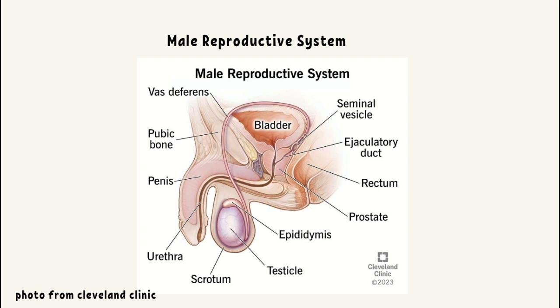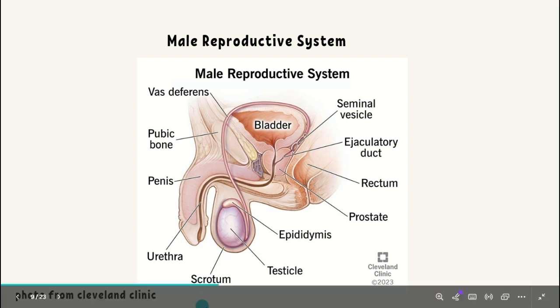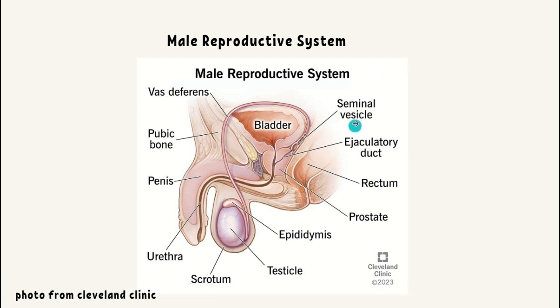I would very much advise that you know at least one relevant function for each of these: the vas deferens, the urethra, testicles, scrotum, epididymis, the seminal vesicles. Ensure you know the function. So the seminal vesicle makes up semen essentially.